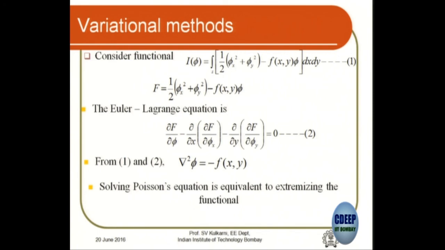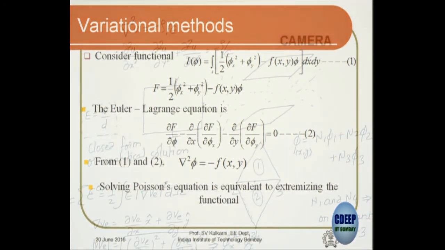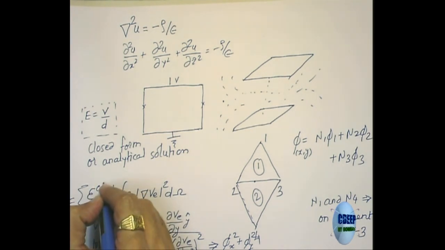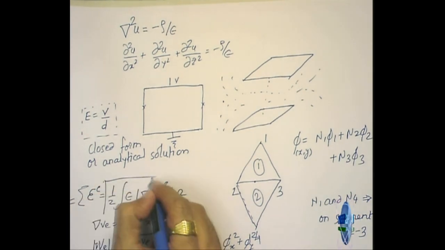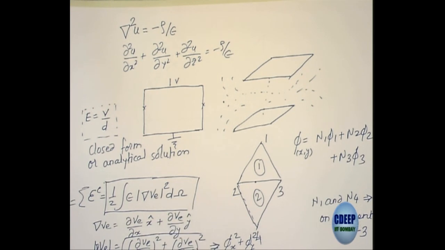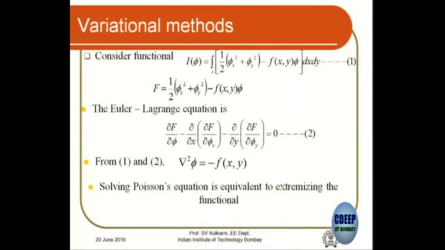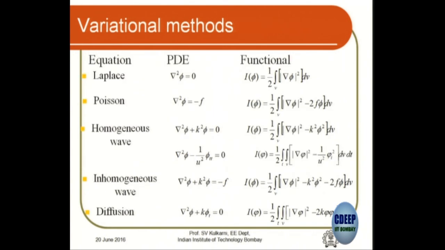That means the crux of the matter is that you have to find such a functional for a given PDE. Now many of you are from the electronics stream, so let us see what the functional is for the homogeneous wave equation.